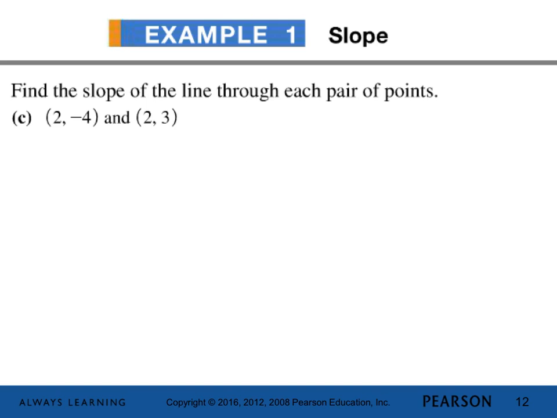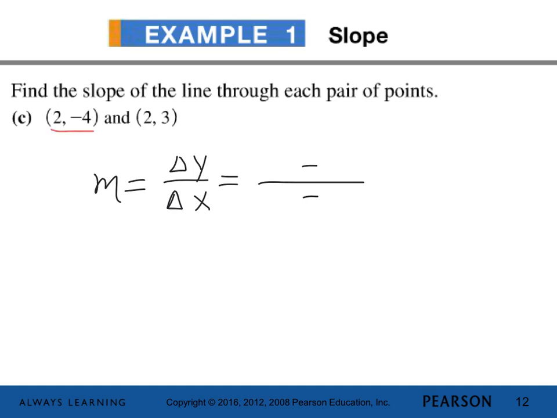Again, same process. Just remember that slope is the change in the y values divided by the change in the x values. So rather than memorize a formula, draw a fraction line and make sure you're subtracting both in the numerator and the denominator.